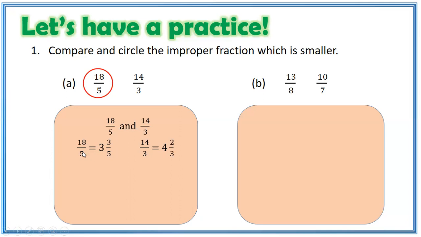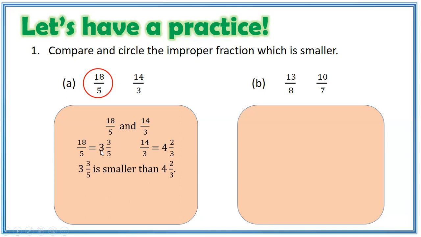So 18 out of 5 is equal to 3 and 3 out of 5. 14 out of 3 is equal to 4 and 2 out of 3. By simply looking at the whole number part, we can easily say which number is smaller.